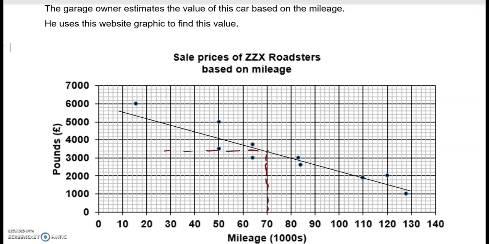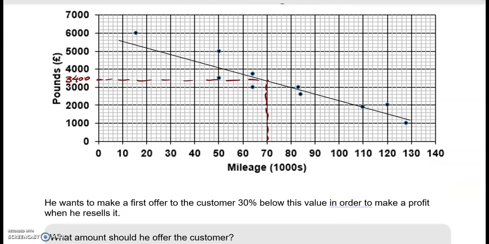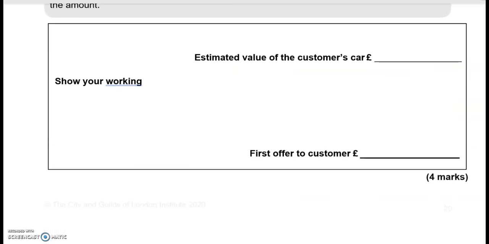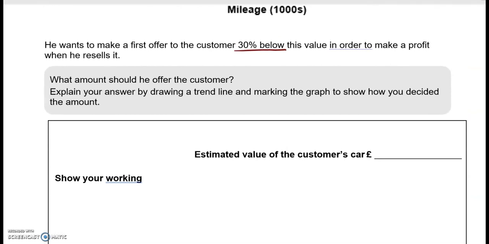Now going across, we've got 3,400 here. So that is the value in pounds. But he needs to offer the customer 30% below that value. So 3,400 will need to take away 30%.